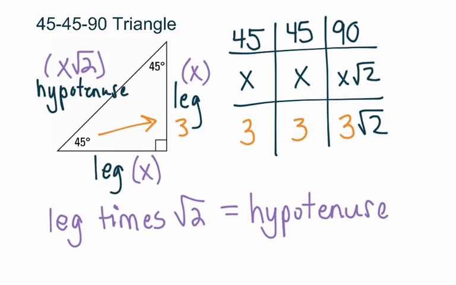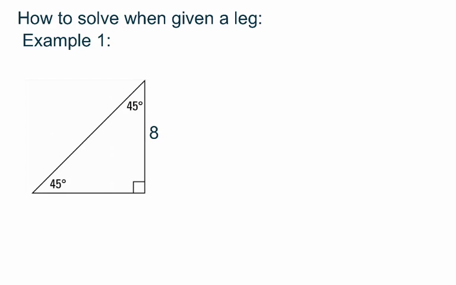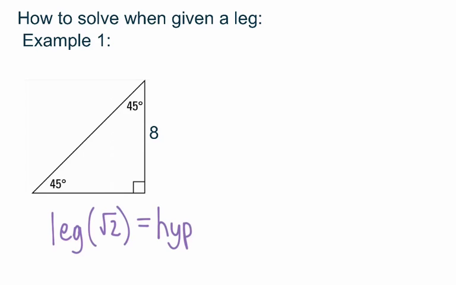Let's do a problem. Here's example 1. We are given a leg of 8. Remember we're doing the leg times the square root of 2 is equal to the hypotenuse.